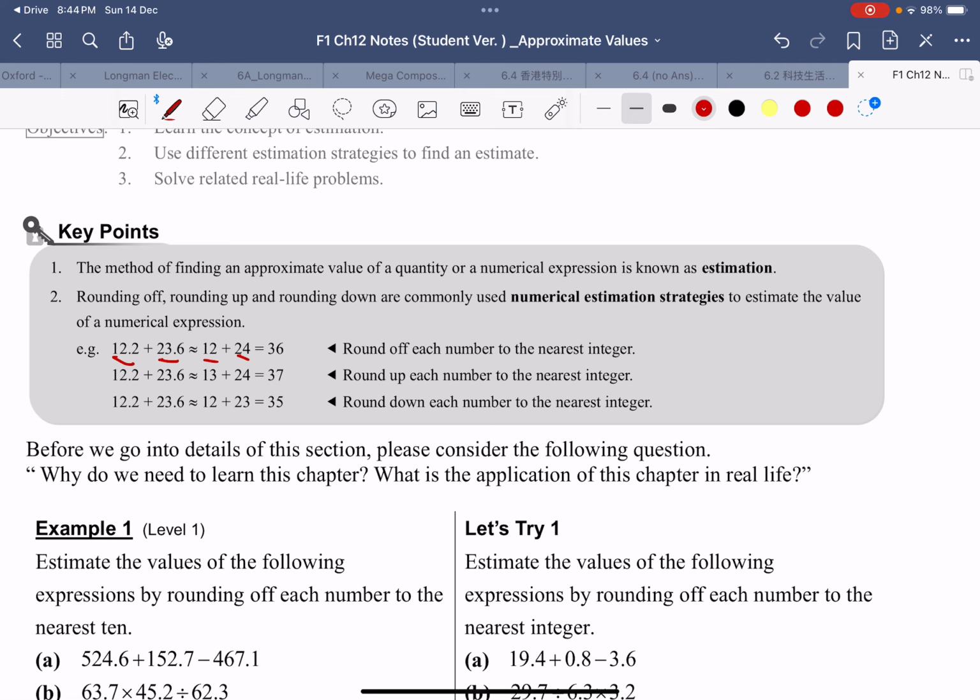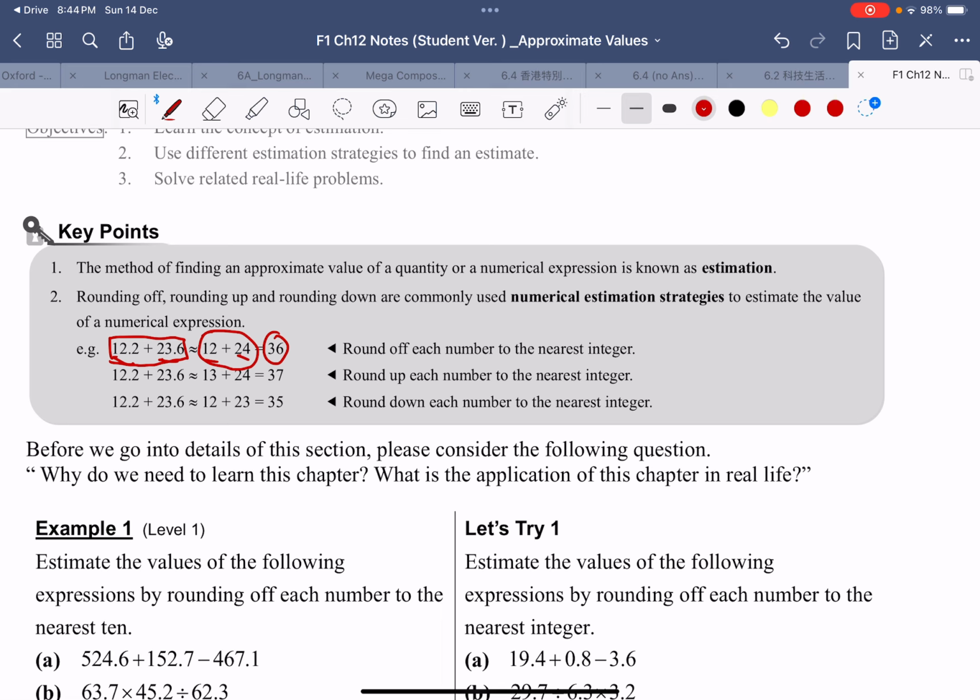So these two numbers can easily be added up to 36 quickly, right? And of course, this 36 will not be exactly equal to the original. Originally we have these two numbers we want to add up. Our approach is first to approximate by rounding off to integers, 12 and 24. And this is a process called estimation.